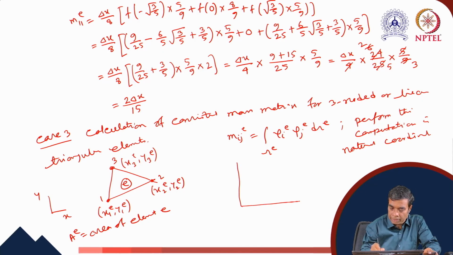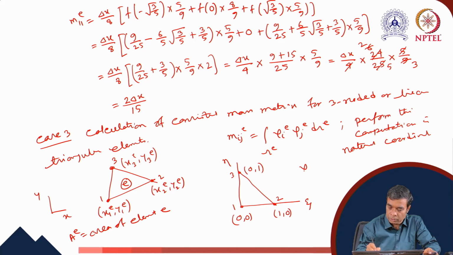Our master element we are showing here. This is the xi axis, this is the eta axis, local node 1, local node 2, local node 3. At local node 1, the origin is placed. We have here 1, 0, and here we have 0, 1. So psi 1e xi eta equals to 1 minus xi minus eta.